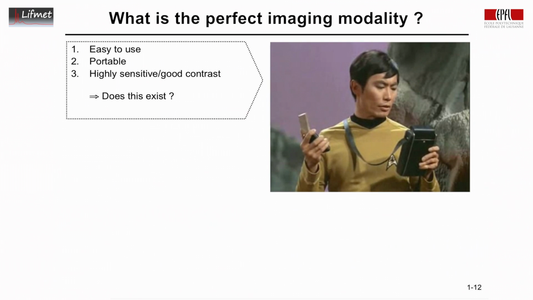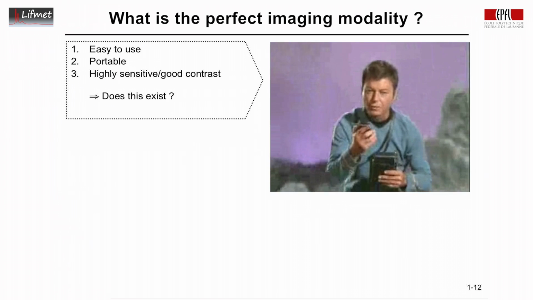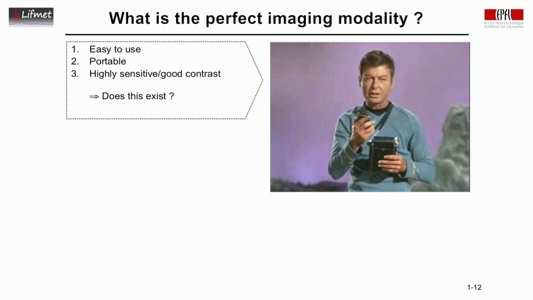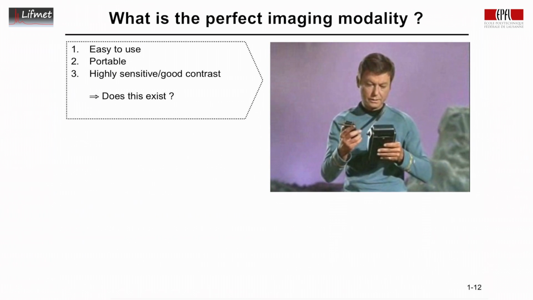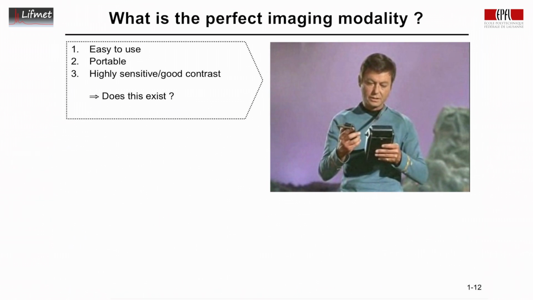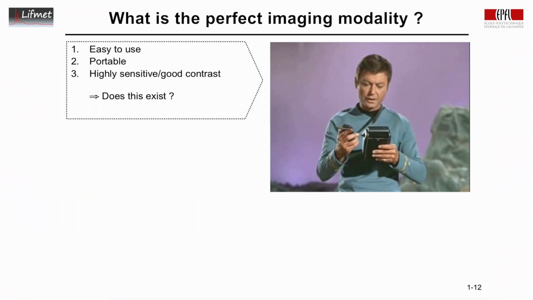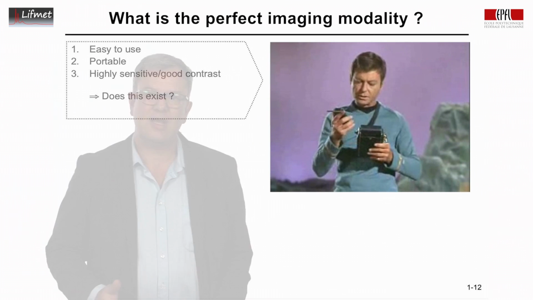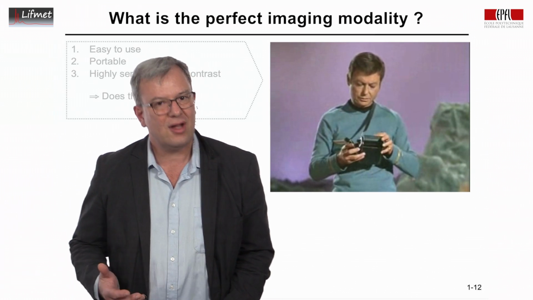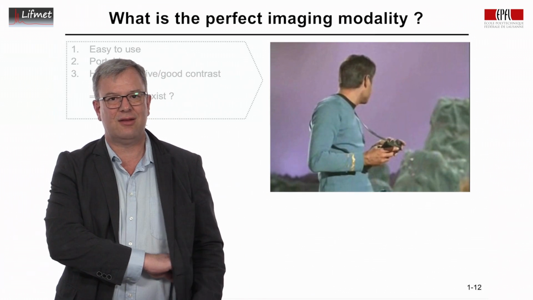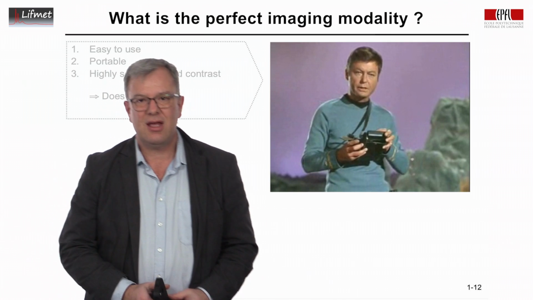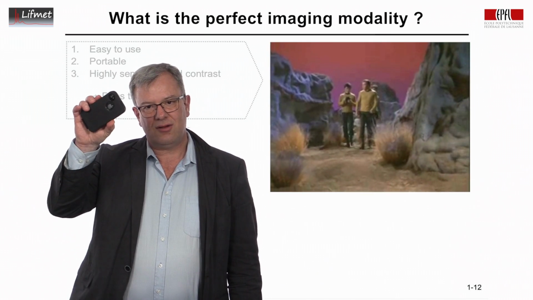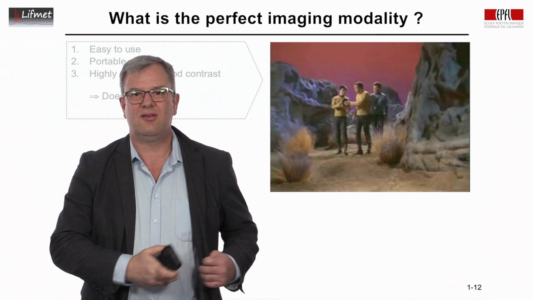You might recognize this gentleman here. If you look at the people appearing in here, what he's carrying in his hand, on the right side, is the equivalent of a smartphone communication device. In his left hand, he has what they call a tricorder. And the tricorder, in Star Trek and the following series, they use it essentially. They'll diagnose you from 10 meters distance.